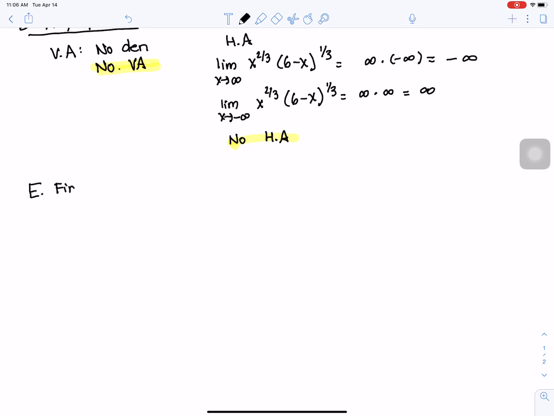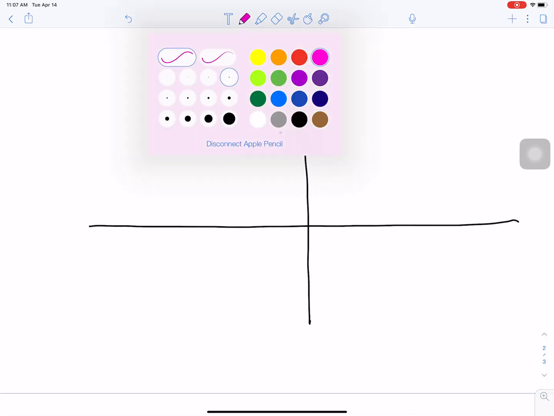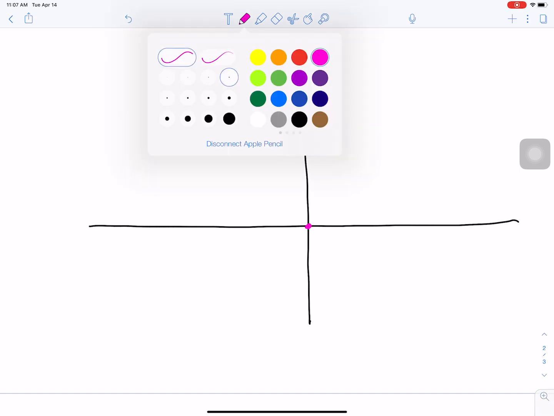So I'm going to make a category for first derivative stuff, kind of a large category for that. I'm going to make a category for second derivative stuff, and then I'm going to have some space here to start sketching my graph. So on my graph, I know that one of my intercepts is (0, 0).